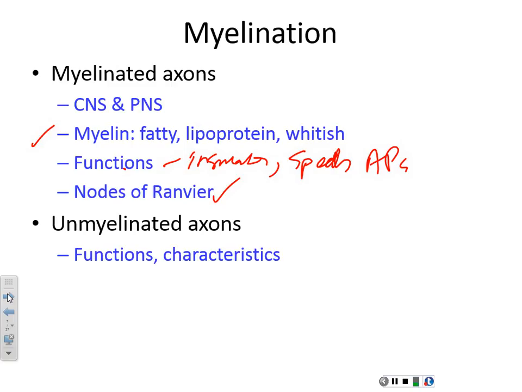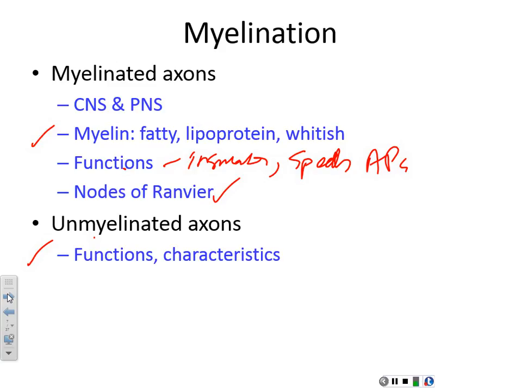Okay, now unmyelinated axons, functions and characteristics of those ones. These ones are not myelinated, and they transmit slowly because of that. So these ones don't have the myelin sheath and transmit slowly, but still they are surrounded by Schwann cells in the periphery and also surrounded by oligodendrocytes in the CNS.